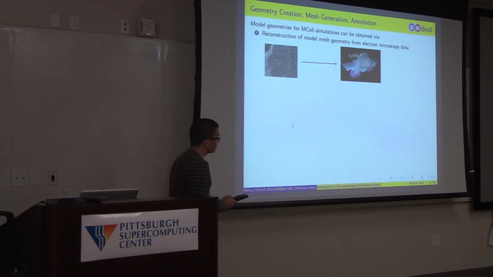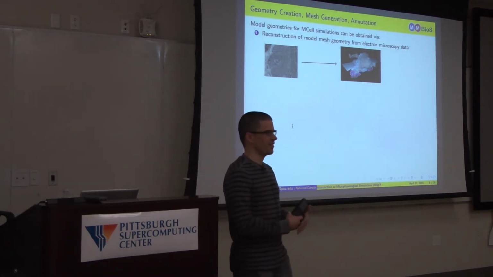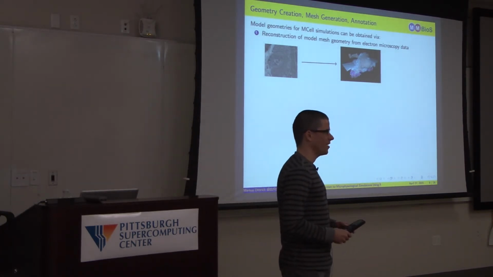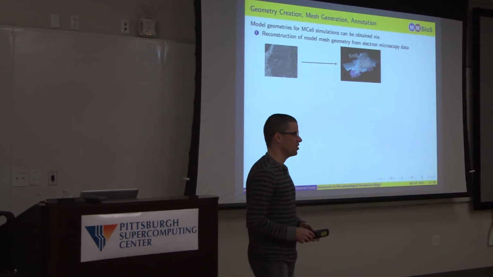Maybe one other disadvantage of this approach is that once you have such a reconstructed volume, you have one instance of how your system could look, and it's not necessarily easy to change it.